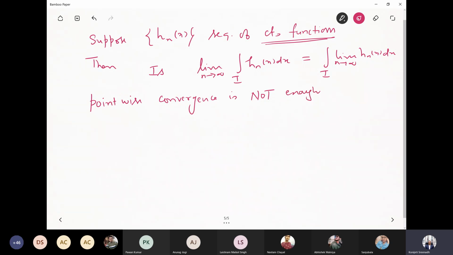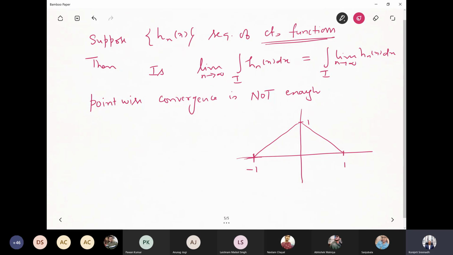Why? Let me give an example of a sequence of functions. So you can take the functions like this. Start this at -1 and this at 1. The simplest function that we take is that, take 1. These functions are popularly known as the hat functions.